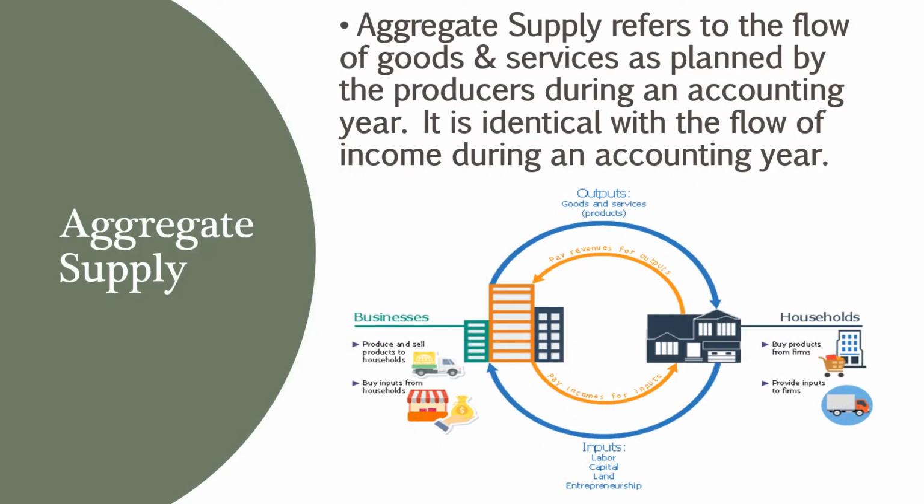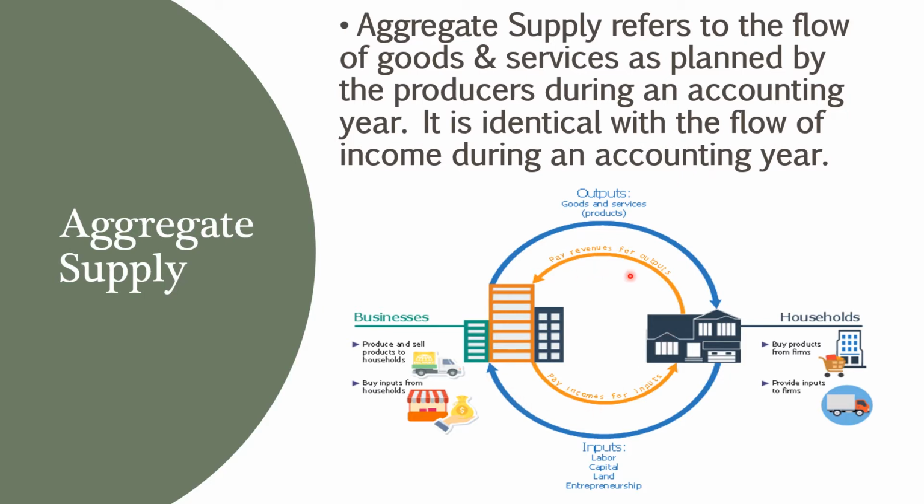Moving on to the next concept, which is aggregate supply. What does aggregate supply refer to? It refers to the flow of goods and services as planned by the producers during an accounting year. It is identical with the flow of income during an accounting year.